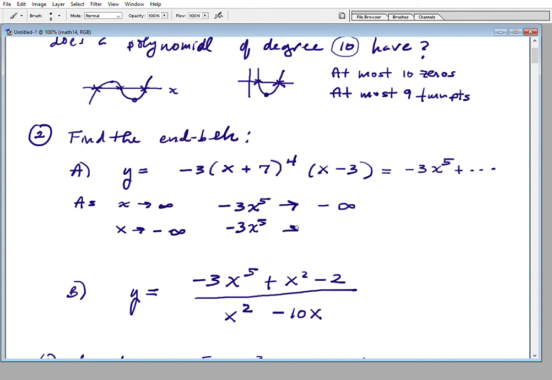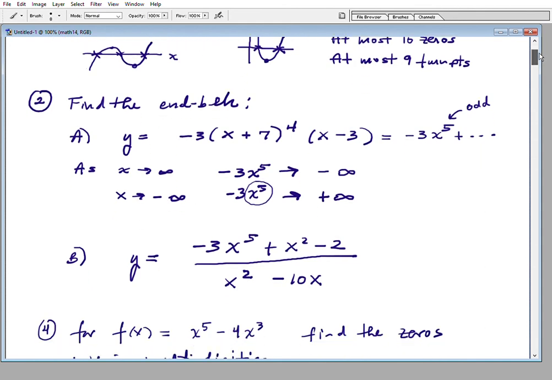Okay, so now x is going to negative infinity. This is also going to negative infinity because of the odd exponent. So this is going to negative infinity, and this is negative, so the whole thing is going to positive infinity. Remember, when we have odd degree, the end behavior for a polynomial will be different on both sides. Even, it'll be the same on both sides.